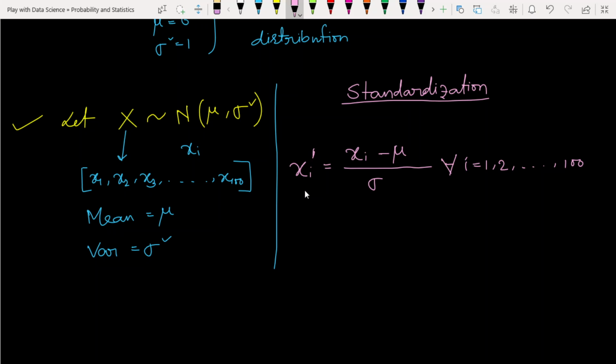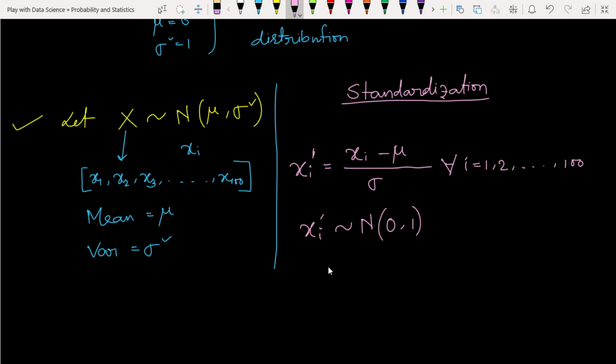This mu is the same mu, and this sigma is the same sigma, and the xi dashed that I have calculated obeys the standard normal distribution, meaning the xi dashed follow the normal 0, 1 distribution.